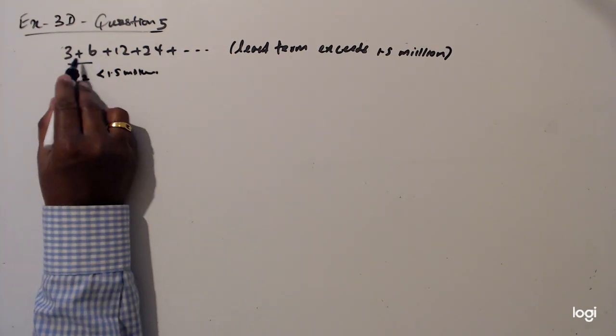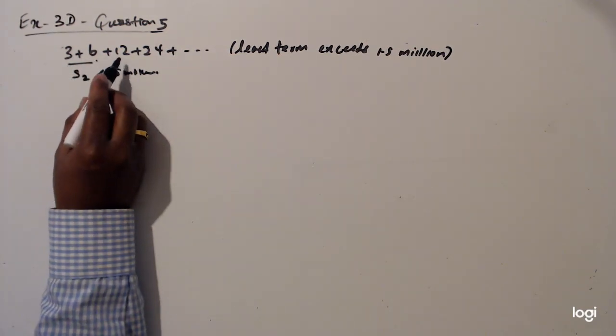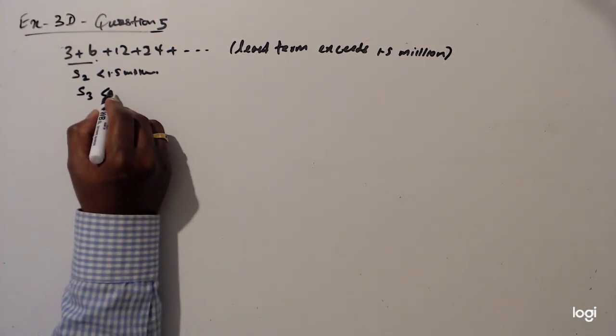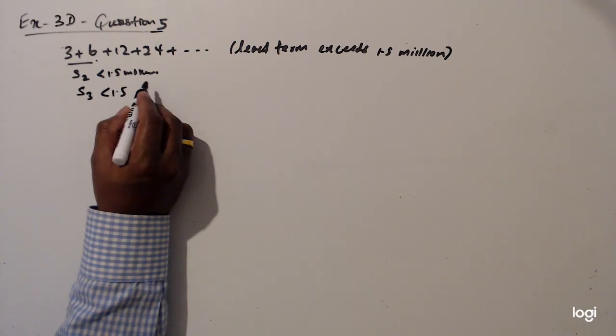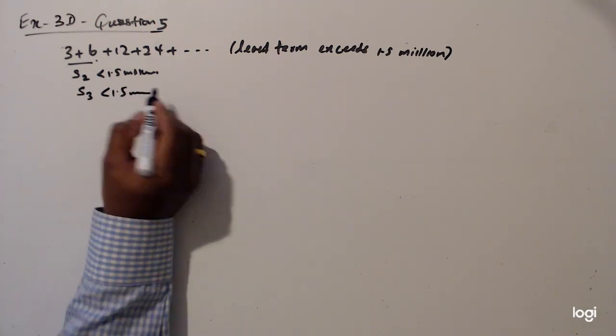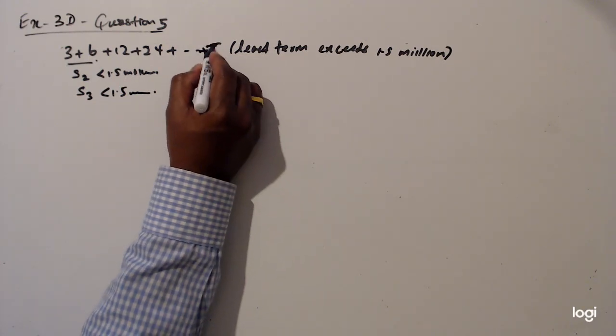And 3 terms, 3 plus 6 is 9, 9 plus 12 is 21. That is S3, also does not exceed 1.5 million. And let's say there is a term, M term.